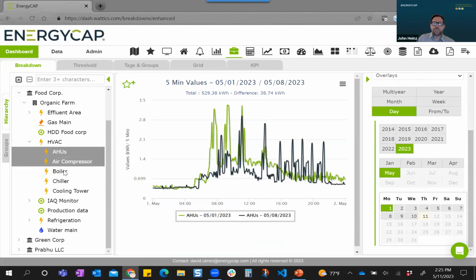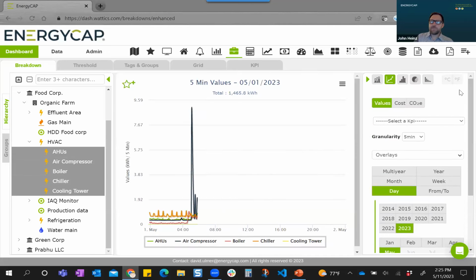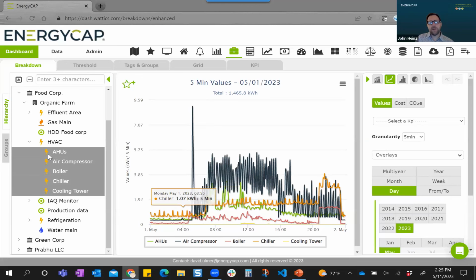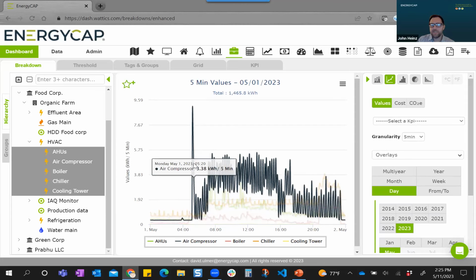The other thing you can do is start to compare points one on top of the other. So this gets to be really helpful when you want to say, well, I understand I have this HVAC operation. How does everything stack, and what's causing the biggest consumption, and what tends to be an outlier? You'll notice this point here for the air compressor, that was a huge spike.